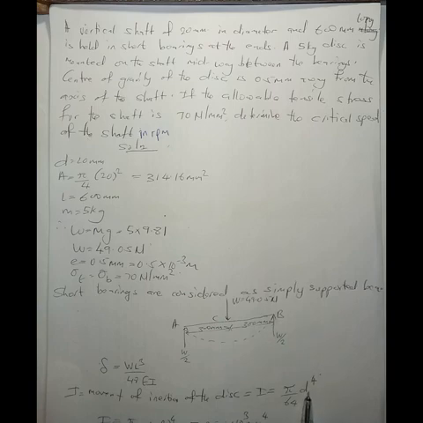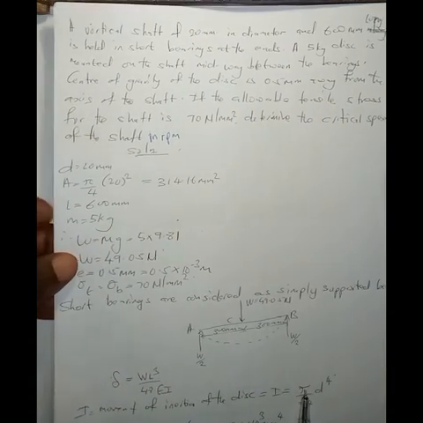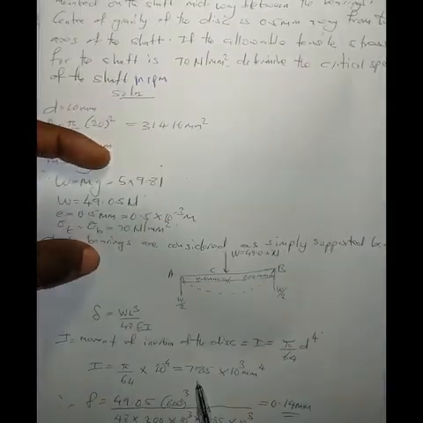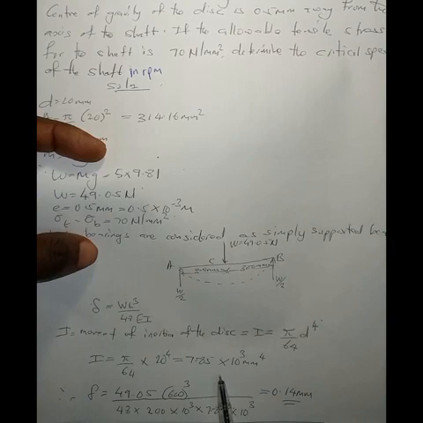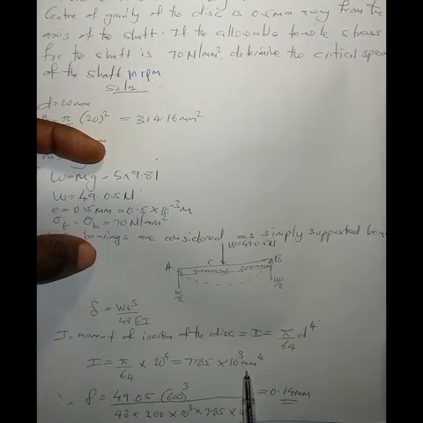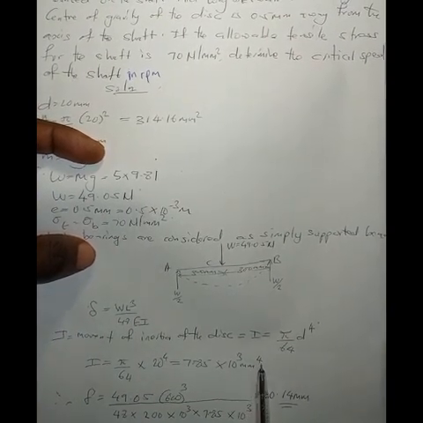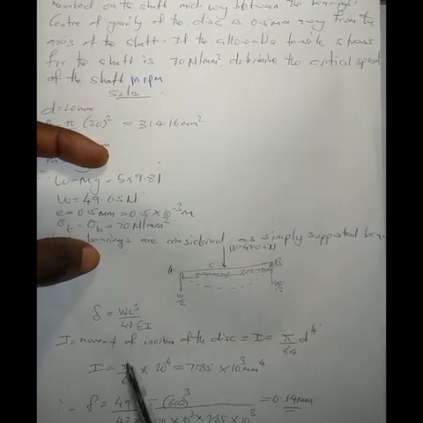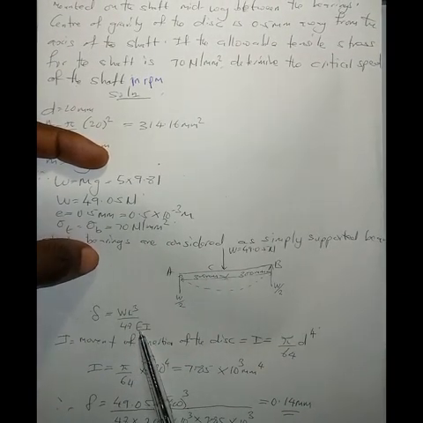D is the diameter of the shaft, so your I eventually gives 7.85 × 10^3 millimeter raised to power 4.